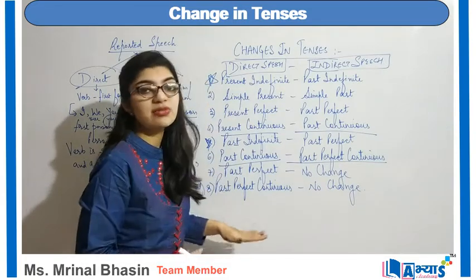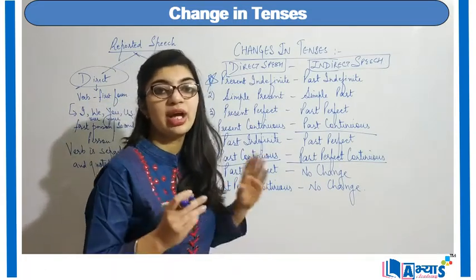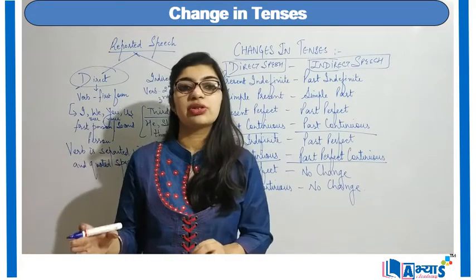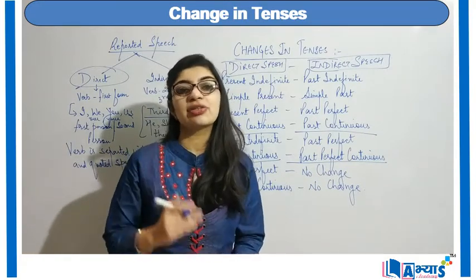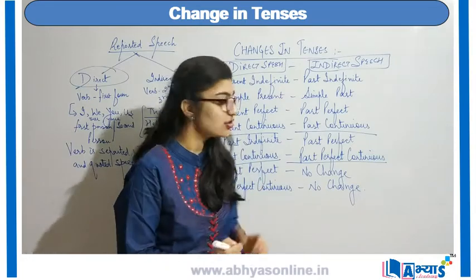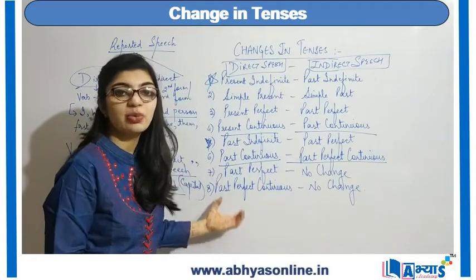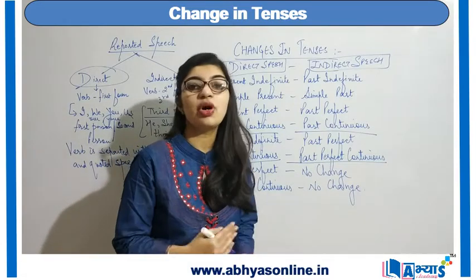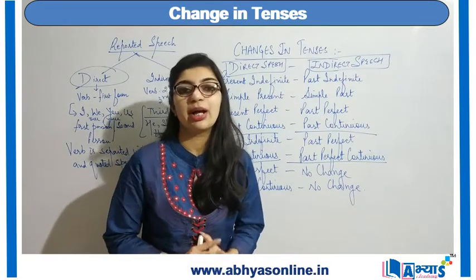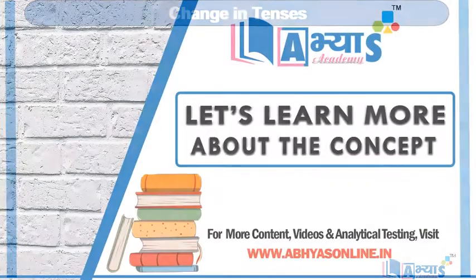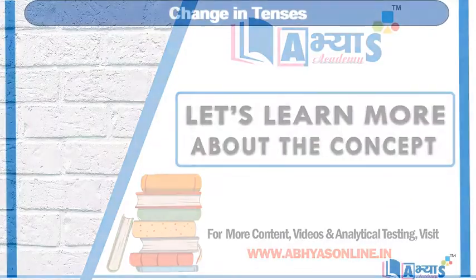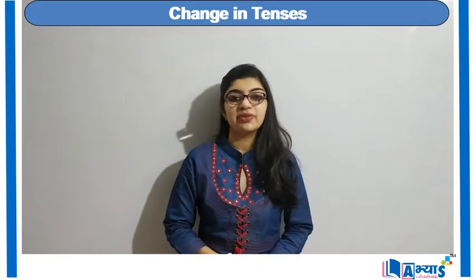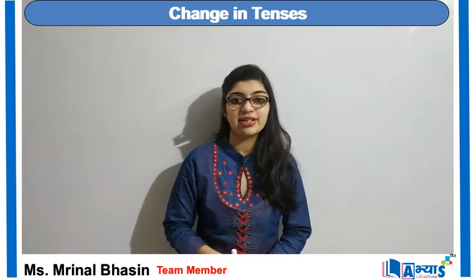This concept is very important to understand the basic rules for conversion of direct sentences into indirect sentences. Once we know which tense converts to the other, the conversion of direct into indirect speech will become very easy. Now let us begin with some examples through which we can understand the conversion of direct sentences into indirect sentences.